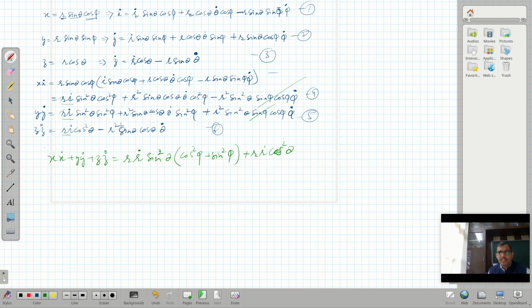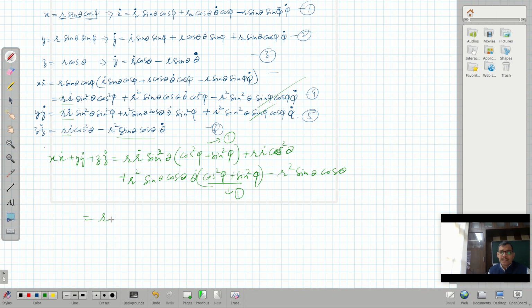So these are the three terms, I put these together, so plus r square sine theta cos theta theta dot cos square phi plus sine square phi, and the third term will remain as it is, minus r square sine theta cos theta. So this is equal to 1 and this is also equal to 1.